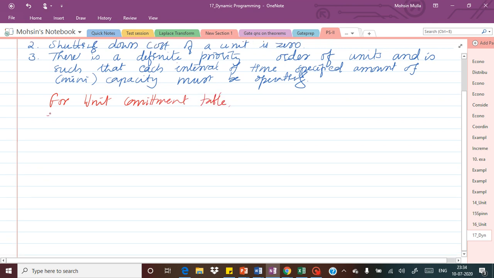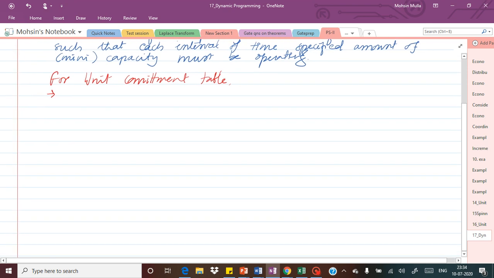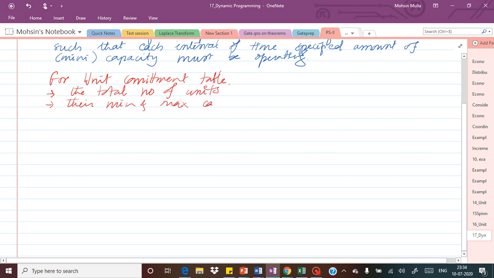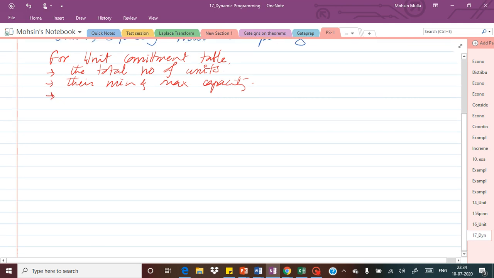What is required here? First of all, we need the total number of units. Then their minimum and maximum capacities, that is, the minimum and maximum values they are going to generate. Then also the cost characteristics.